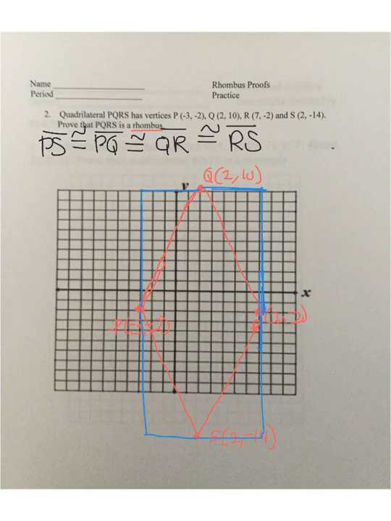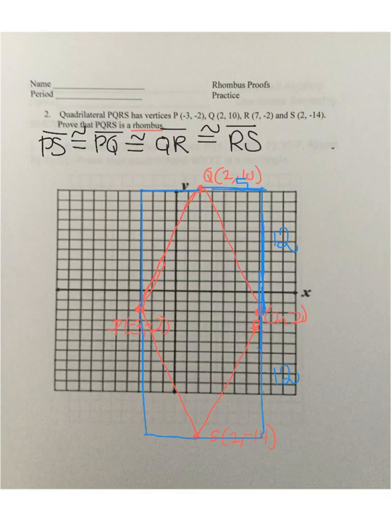Okay, so now I can go ahead and count 1, 2, 3, 4, 5 for the top here, and then for this other leg, 1, 2, 3, 4, 5, 6, 7, 8, 9, 10, 11, 12. This is 12.